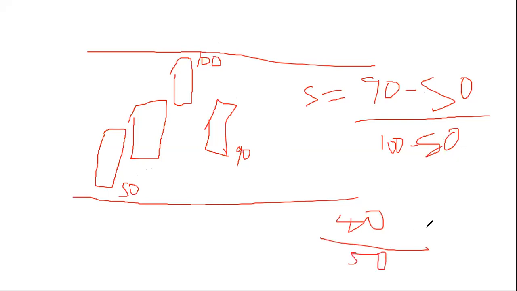So if you do the arithmetic, 40 divided by 50 should give us 0.8. When you multiply 0.8 by 100, you get 80.